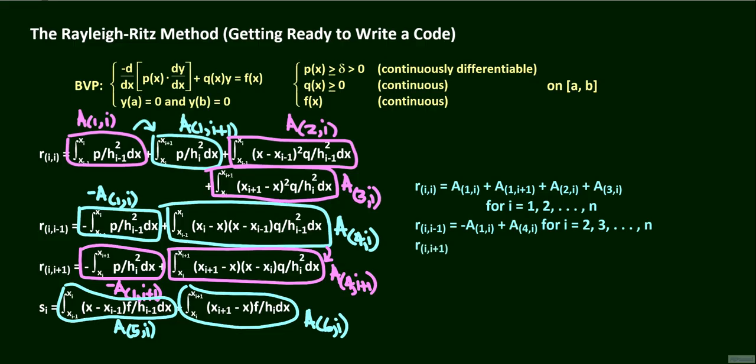R sub i plus 1 is minus a sub 1, i plus 1 plus a sub 4, i plus 1. i starts at 1, and since the column number i plus 1 can go only up to n columns, the maximum value of i for R sub i plus 1 is n minus 1. S sub i is a sub 5i plus a sub 6i with i going from 1 to n.